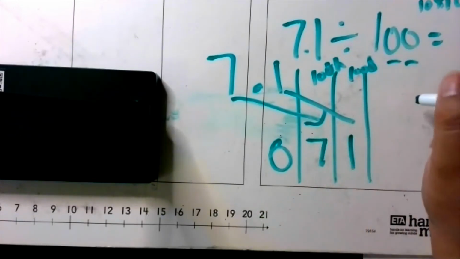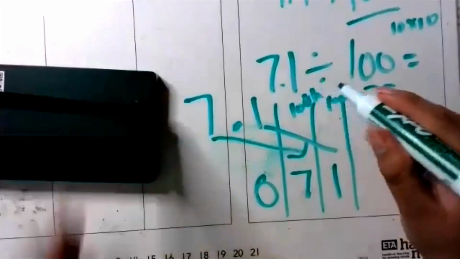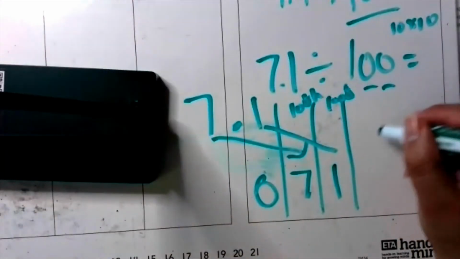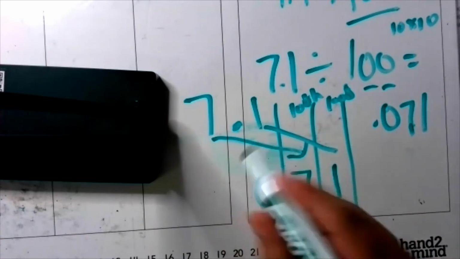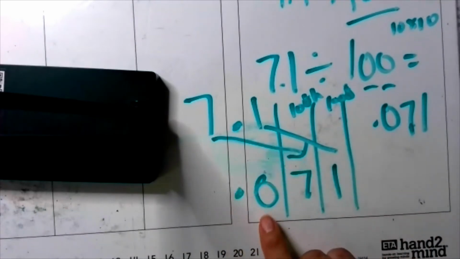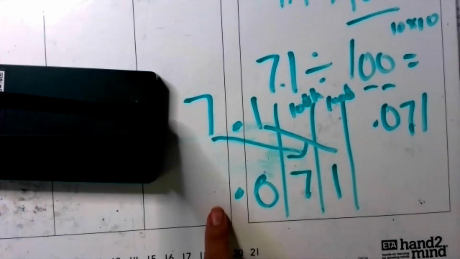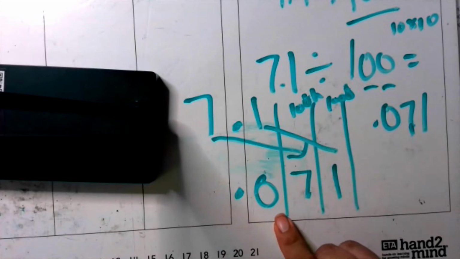All right, so my answer is actually 7.1 divided by 100 is 71 thousandths. Okay, and make sure that you are also writing a 0 when there's a space left. You write it when there's a space left here, but you also write it when there's a space left here as well. Otherwise, you would get a completely different answer.